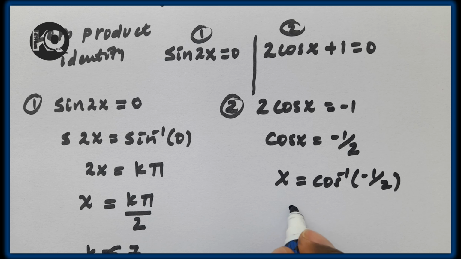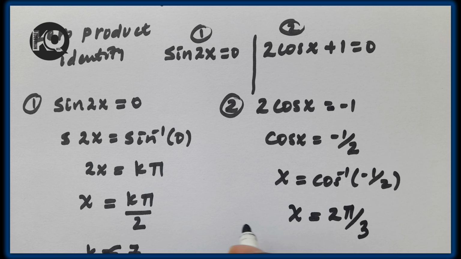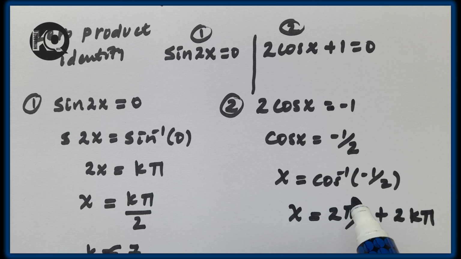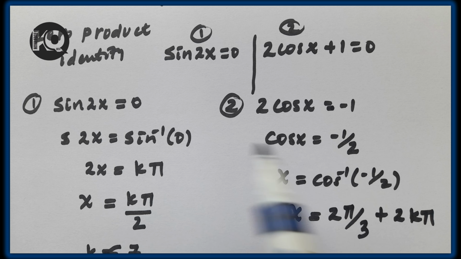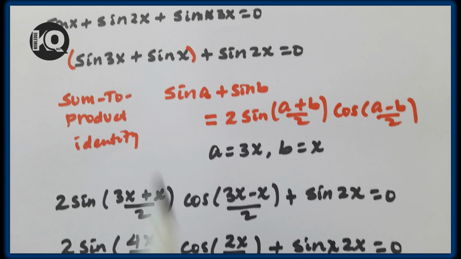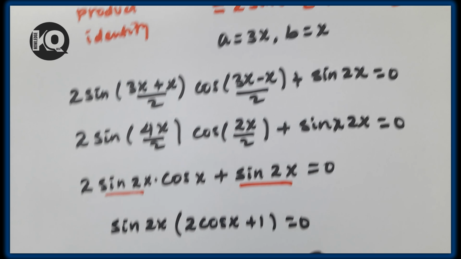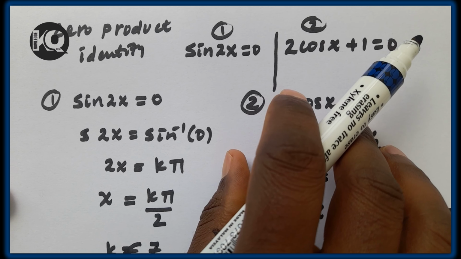So x will be 2 pi over 3 plus 2k pi. And you can draw, or you can find the points where this equation will be 0 by using the unit circle.